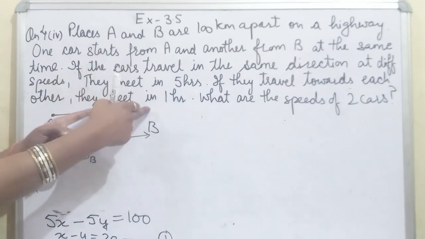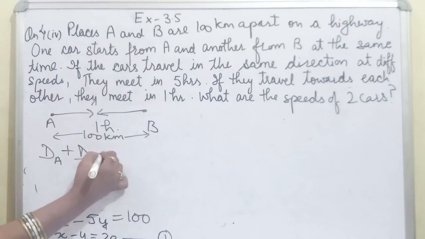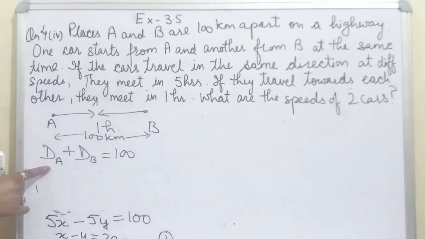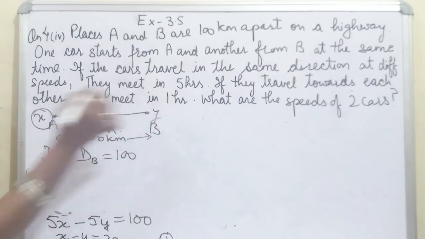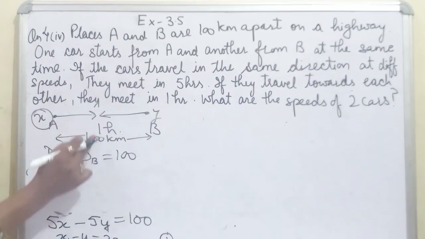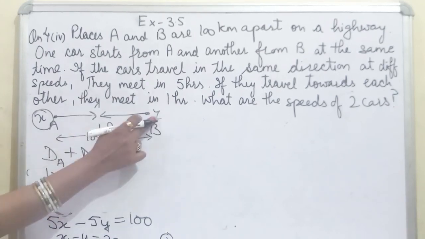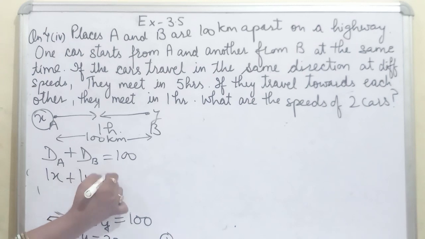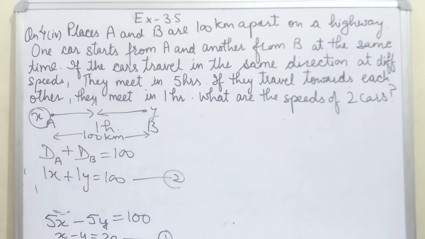If I add these two distances, what do I get? 100. And again apply the formula for distance: speed into time, 1x plus 1y, since the time taken is 1 hour. So x plus y is equal to 100, and this is the second condition.